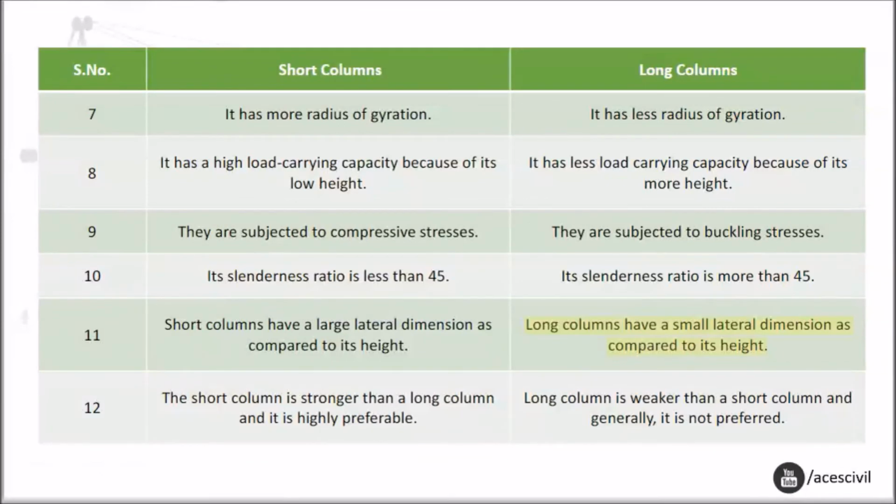Long columns have a small lateral dimension as compared to its height. 12. The short column is stronger than a long column and it is highly preferable. Long column is weaker than a short column and generally, it is not preferred.